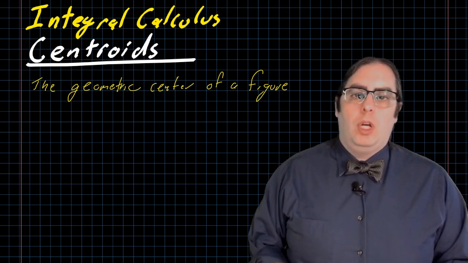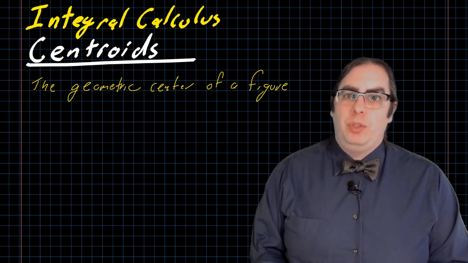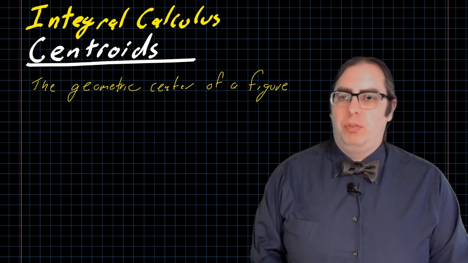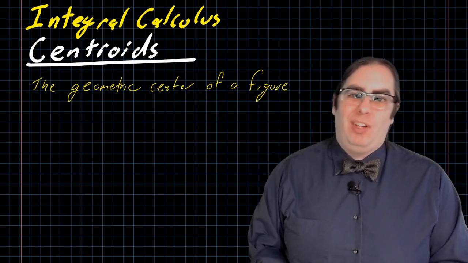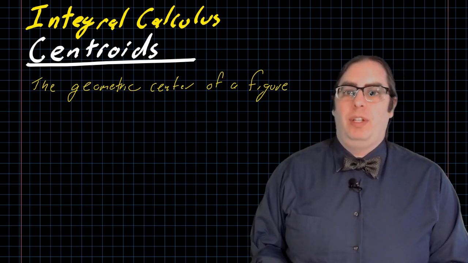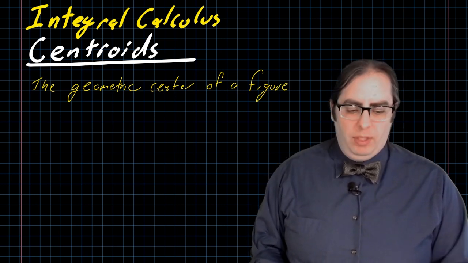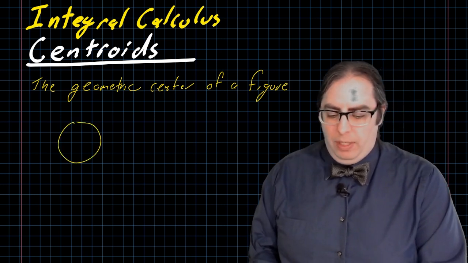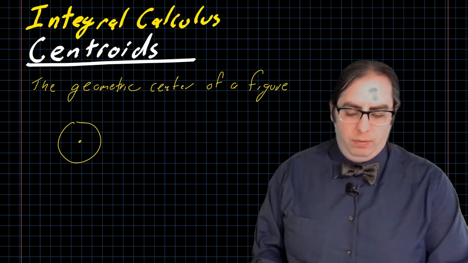So whether or not you have heard this vocabulary before, a centroid is something that you have experienced for at least some very simple shapes. If a shape has a lot of symmetry, the centroid of the shape is at the place that you would expect. Right? For a circle, the centroid of the circle is the center point of the circle.